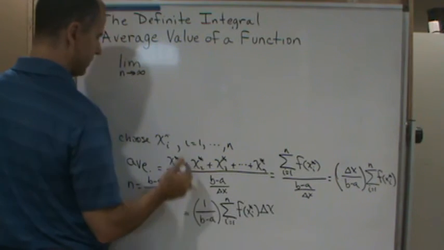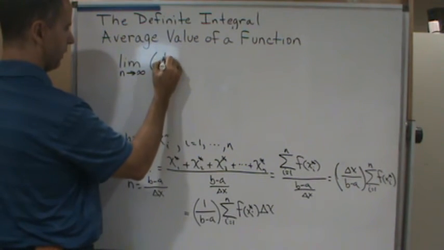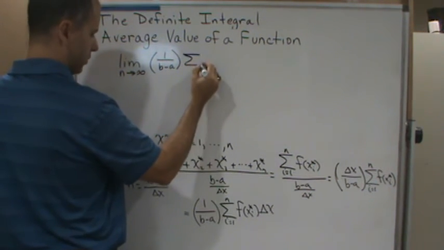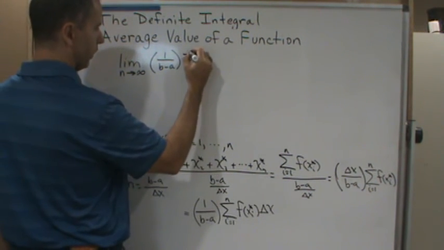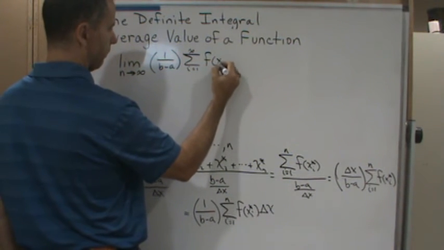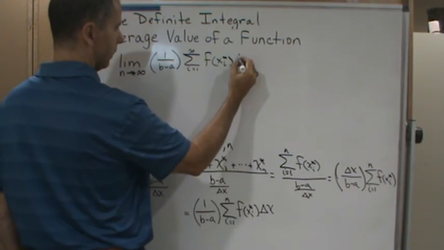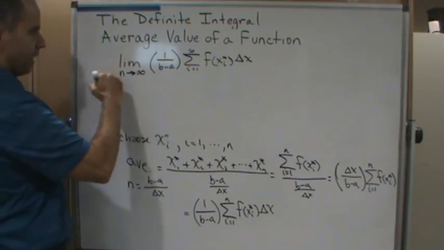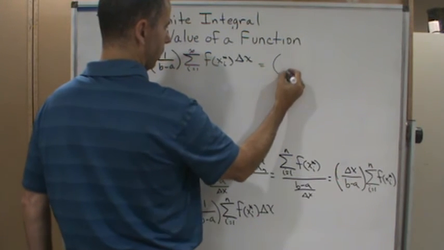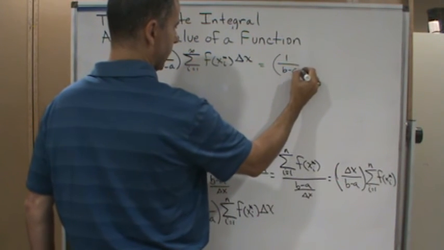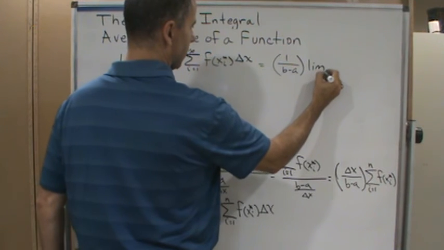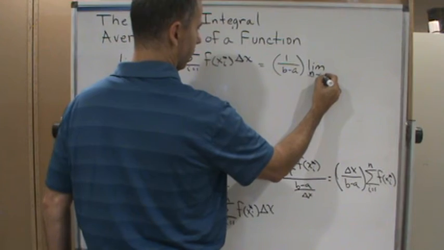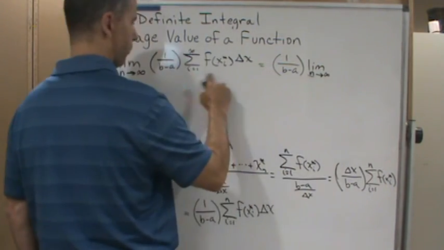And what happens here? The 1 over b minus a comes out, so this is going to equal 1 over b minus a times the limit as n approaches infinity of the Riemann sum.